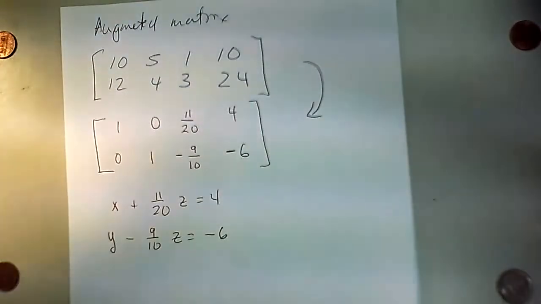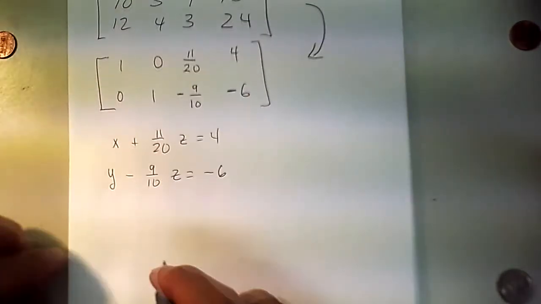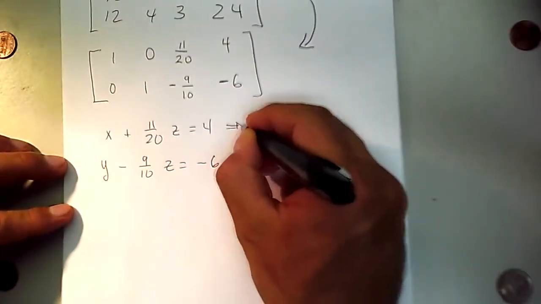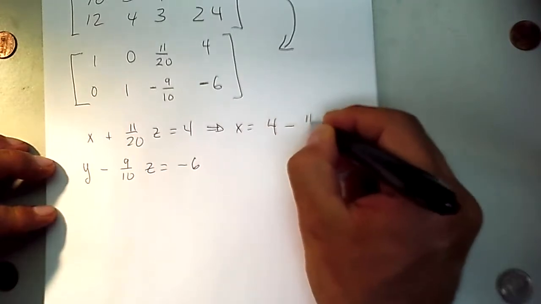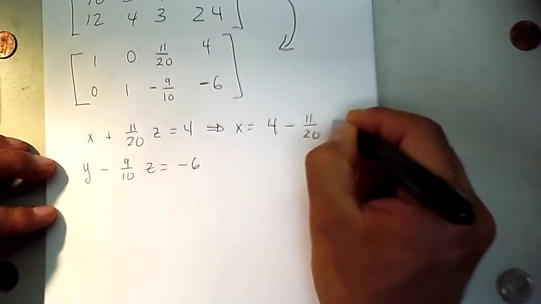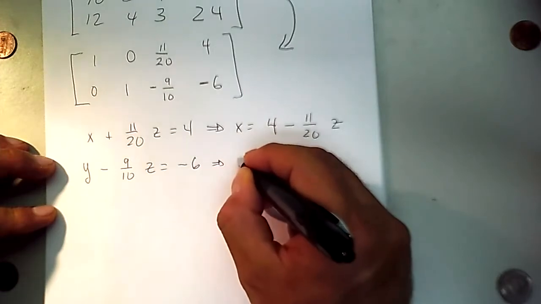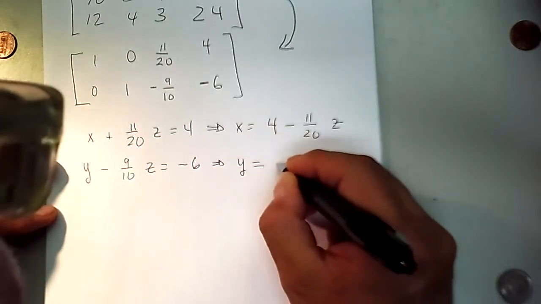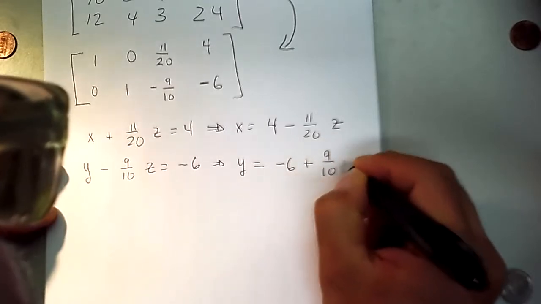In turn, that means that x is equal to 4 minus 11 over 20 z, and y is equal to negative 6 plus 9 over 10 z.